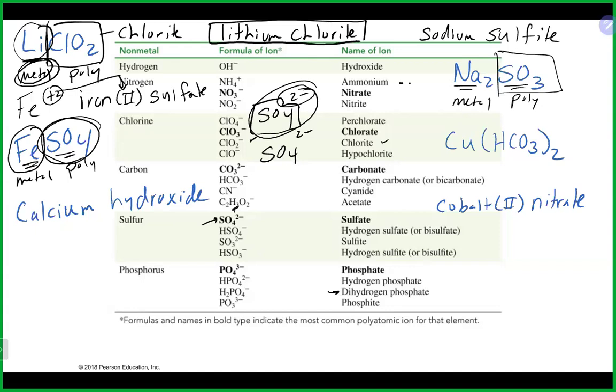So when we give the name, we're telling people, hey, in this situation, we're talking about the iron that has a +2 charge. Otherwise, if this was the iron with a +3 charge, the formula would be a little bit different. But if it was one with +3 charge, we would say it's iron 3, and that tells the person, oh, that's an iron with a +3 charge. So, and that happens because those guys have the ability to make variable type charges or multiple different positive charges.